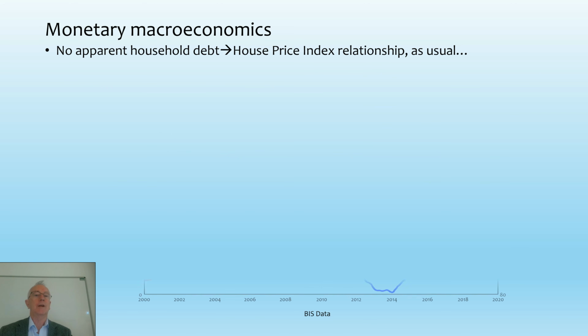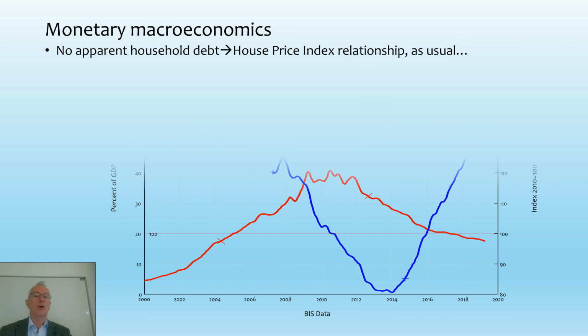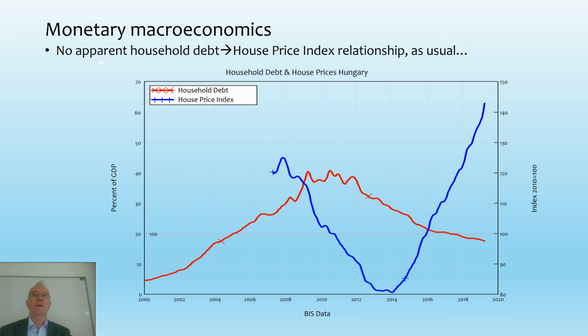And in terms of the household debt, this is a common pattern around the world. I've got rising household debt and falling and rising house prices. It looks like there's no relationship. But the real relationship is between change in credit, which is acceleration of private debt, and change in house prices.